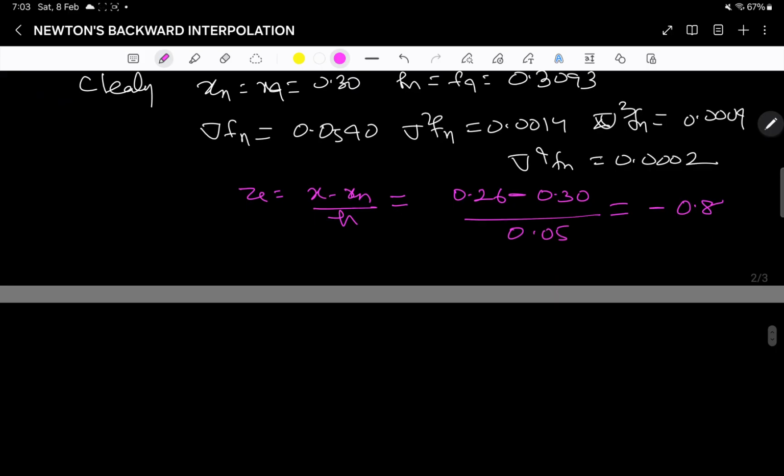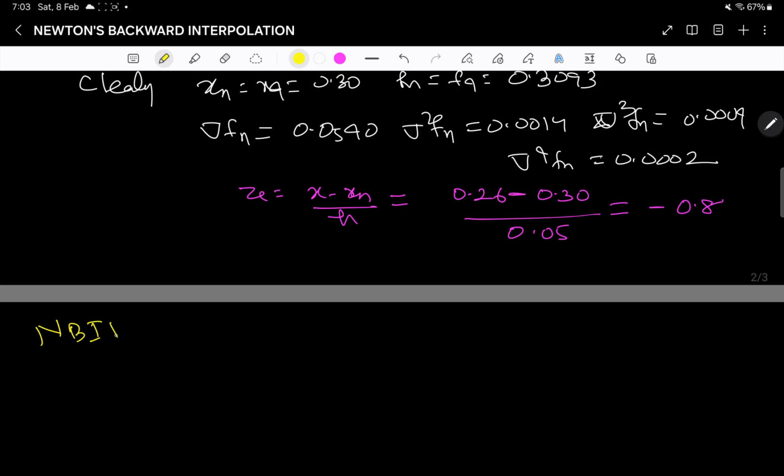Now I am ready to use the formula. So what is my necessary formula? Newton backward interpolation formula.